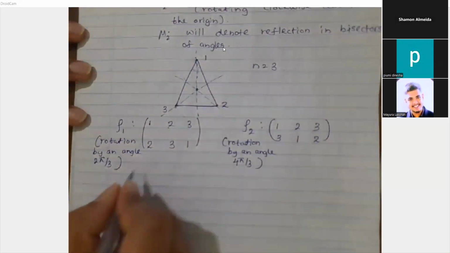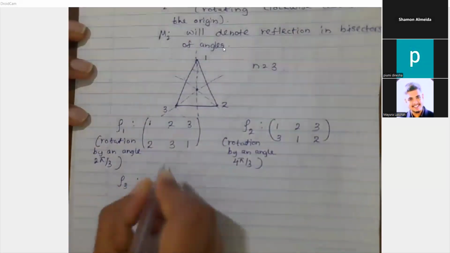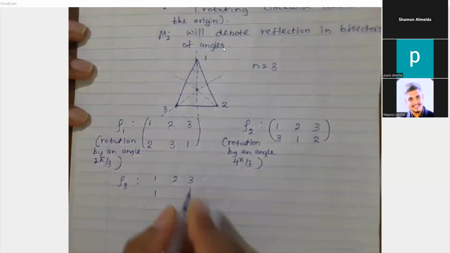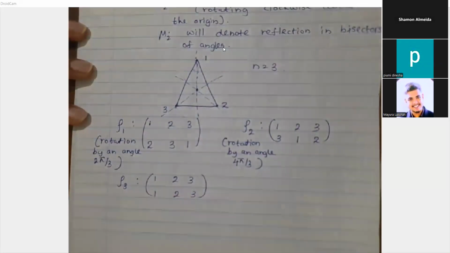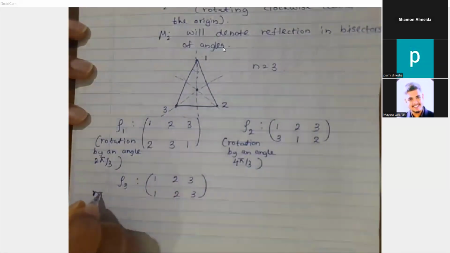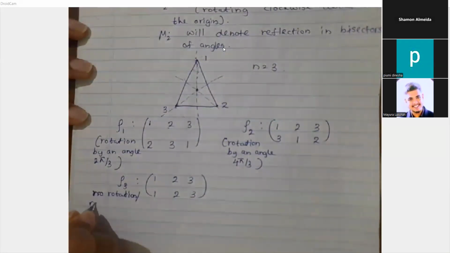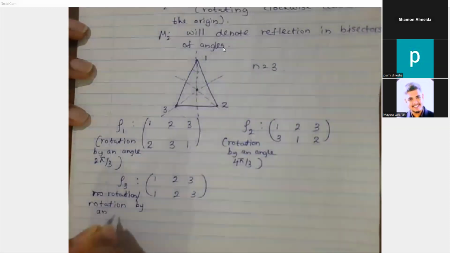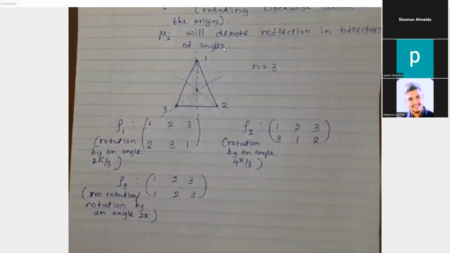So that other permutation, let's take it to be rho 3, sending 1 to 1, 2 to 2, and 3 to 3. You can either think of it as taking no rotation at all or taking a rotation by an angle 2 pi.